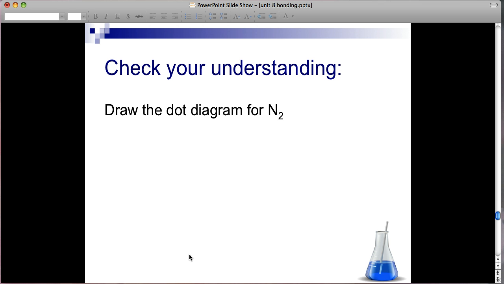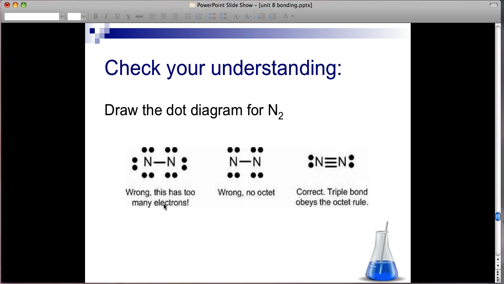So now let's check our understanding for nitrogen, 2 nitrogens together. Nitrogen has a total of 5 valence electrons, and we have 2 of them, so that's 10 electrons we have to place around our nitrogen atoms. Here we would actually have 8 electrons and here 8 electrons, but there's too many. We only had 10 to start with, so this is way too many electrons.